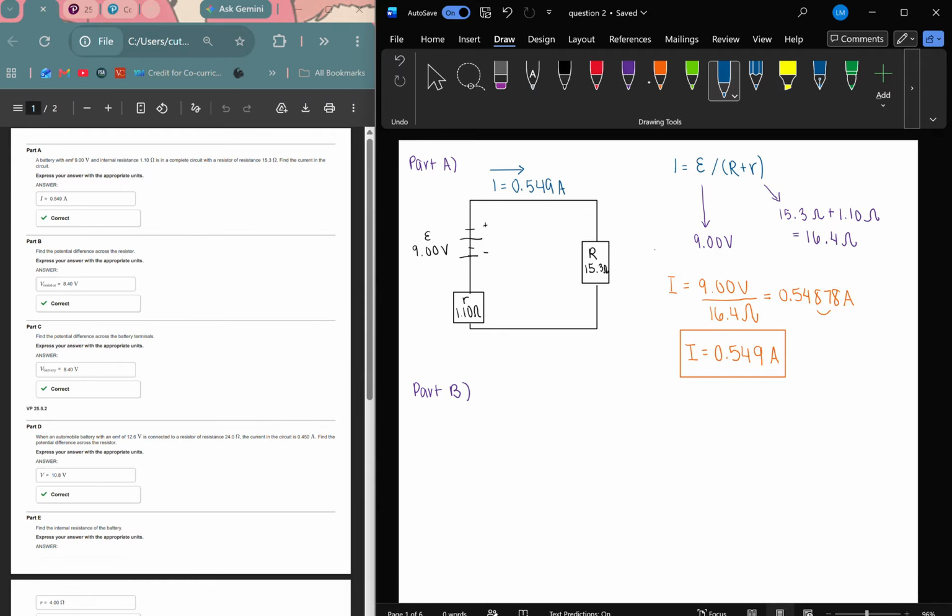So that's going to be this right here, which we're going to label as VR, which is the potential difference across the resistor.